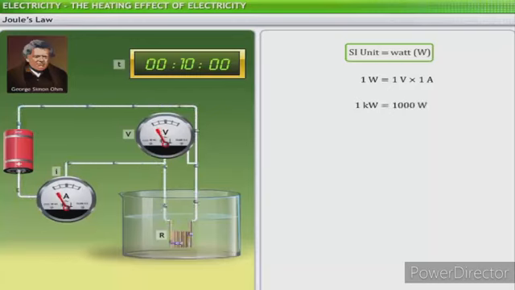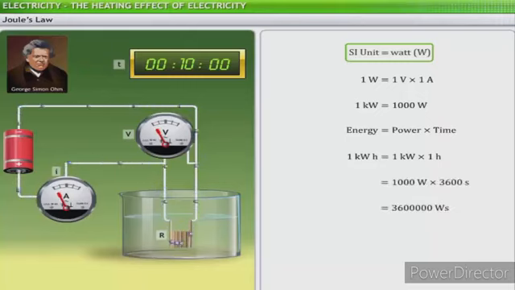According to the definition of power, energy can be represented as the product of power and time. For commercial purposes, the unit of electric energy is kilowatt-hour, denoted by kWh.